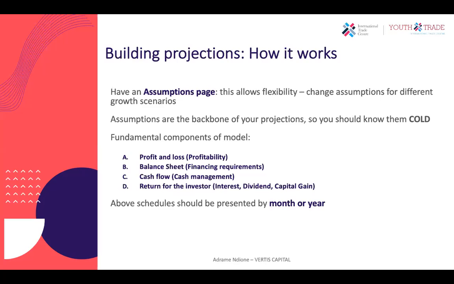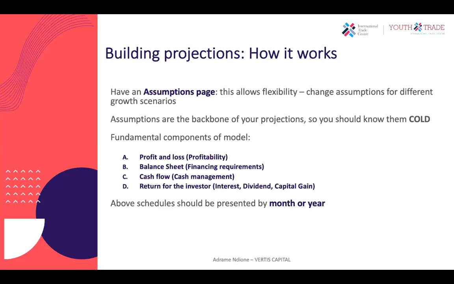So once you have those assumptions, you have four fundamental components of a financial model. You have the profit and loss, so the income statement, profitability. There we'll see the profitability. Again, profitability doesn't mean you will succeed, because I will show you, if you don't have cash, even if the business is profitable, you can go bankrupt.